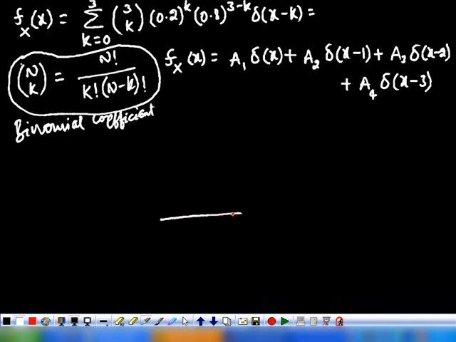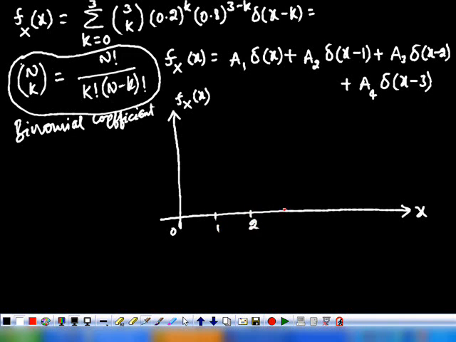Now can you plot this? This fX of x can be plotted at 0, 1, 2. So we have impulses at 0, 1, 2 and 3. Is it right? Delta of x minus 1, x minus 2. What is the magnitude of A1? 0.512.